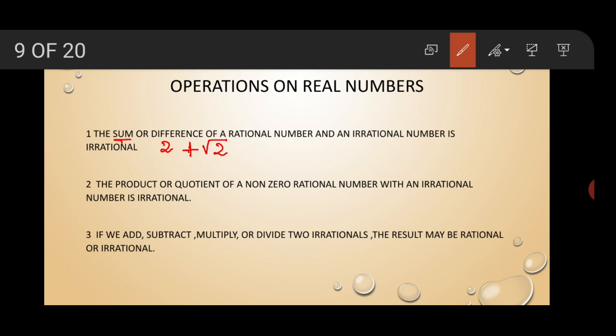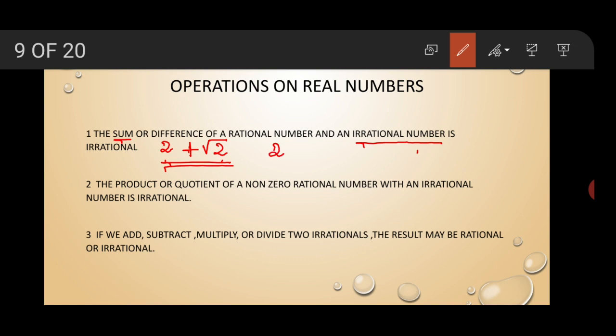Now their sum, what is the sum? 2 plus root 2. Yes, 2 plus root 2 we can't simplify further. So 2 plus root 2 is an irrational number. Therefore, we can conclude that the sum of a rational and an irrational number is always an irrational number.